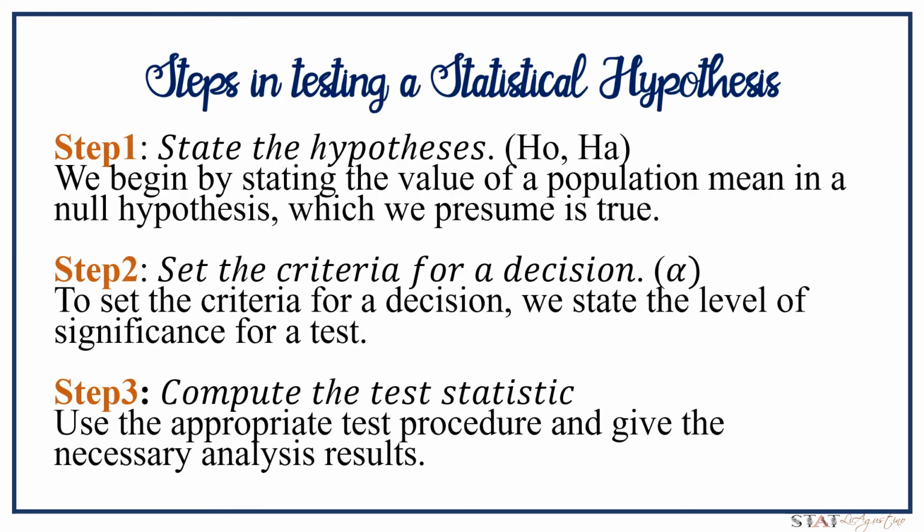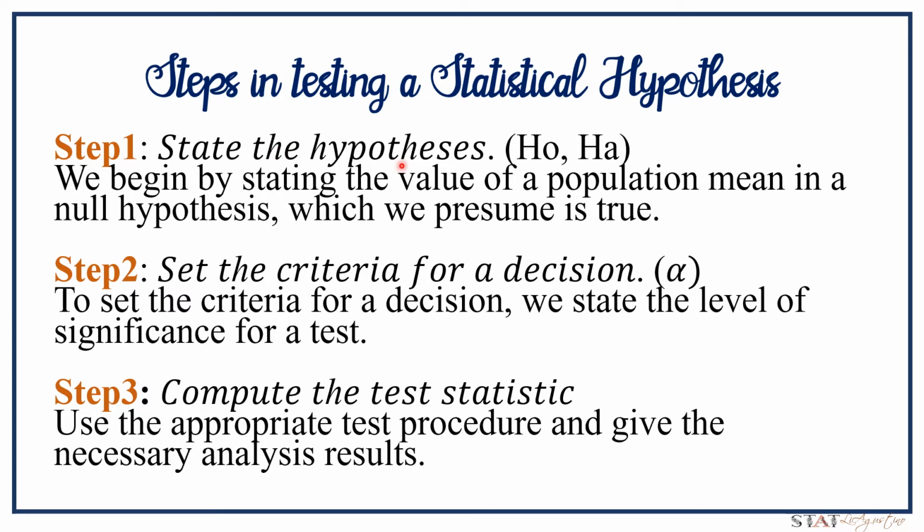Throughout our class for this course, we will use these steps in statistical hypothesis testing. Whatever test we use, whether it is a one-sample test, two-tailed test, Kruskal-Wallis, or analysis of variance, we will use these steps throughout our class. So step 1, you have to state your hypothesis.